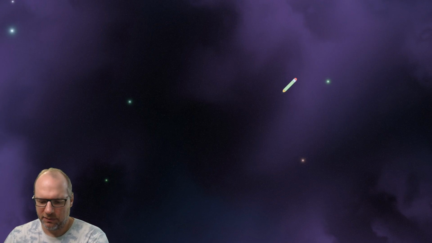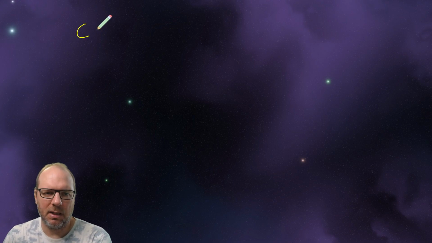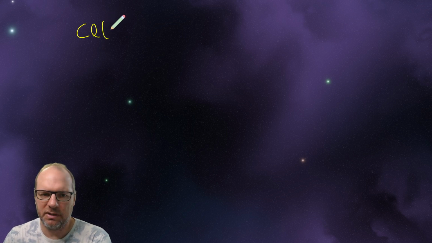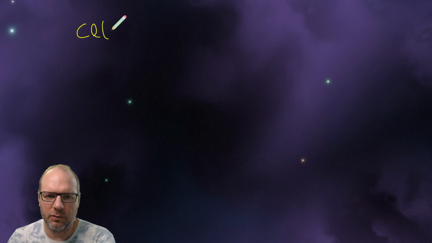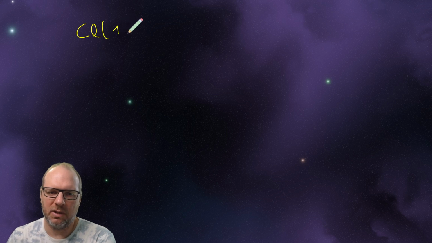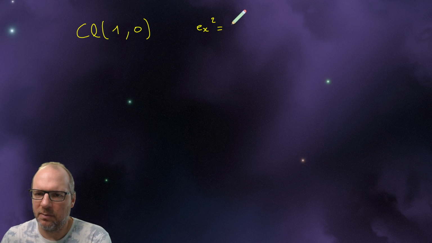Okay. The simplest Clifford algebra: you start from a one-dimensional vector space, and we have only one positive element and 0 negative elements. So we have just one symbol e sub x with this property that e sub x squared equals +1.